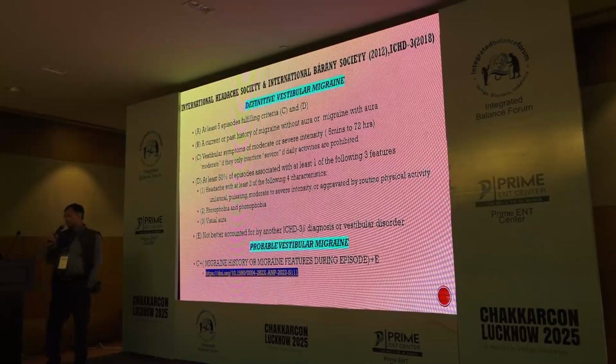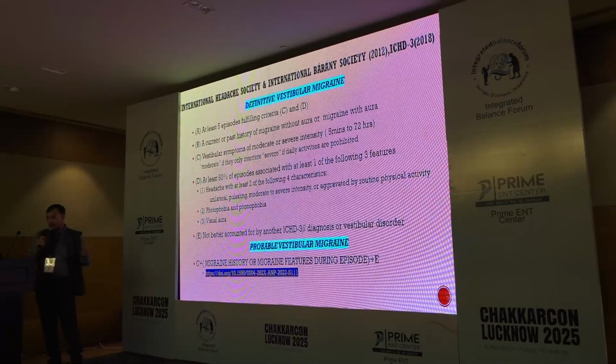The consensus diagnosis of the International Headache Society and Bárány Society requires definitive vestibular migraine to have, number 1, a current or past history of migraine along with 5 episodes of C or D. So what is C? C is vestibular symptoms of moderate to severe intensity lasting between 5 minutes to 72 hours.